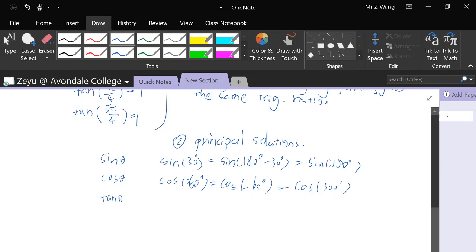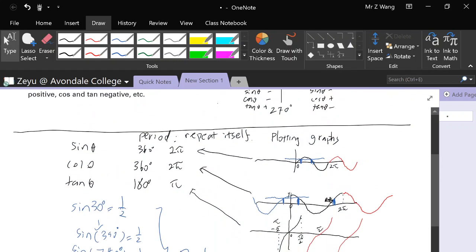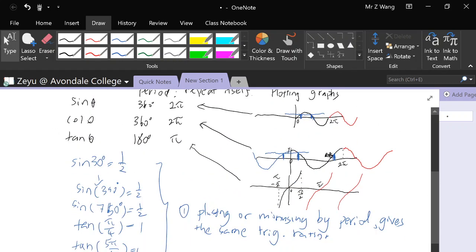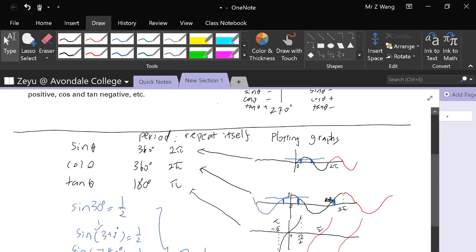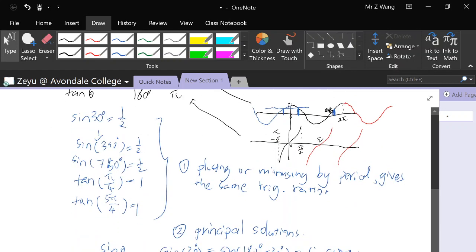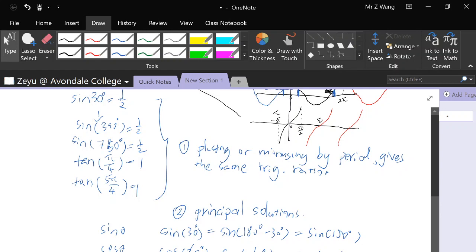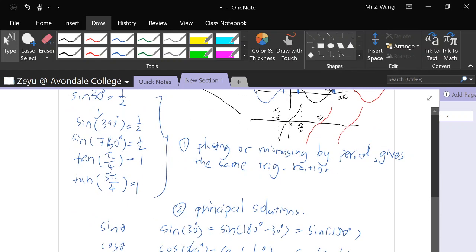And tangent theta, right? Tangent theta also has a principal solution. But for tangent theta, you only have one solution, and then you just add 180 to get more solutions.